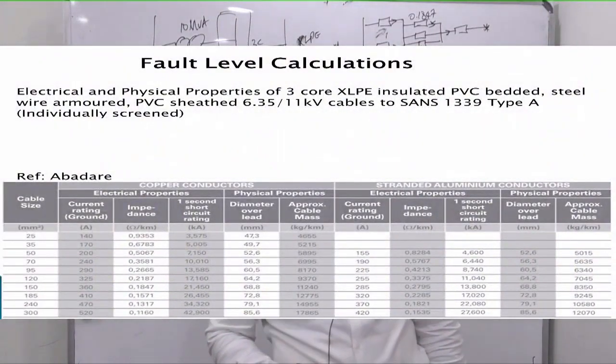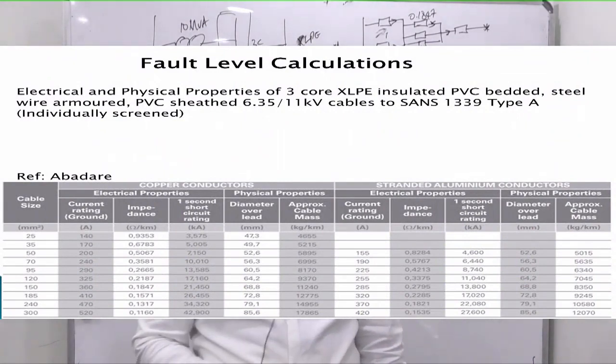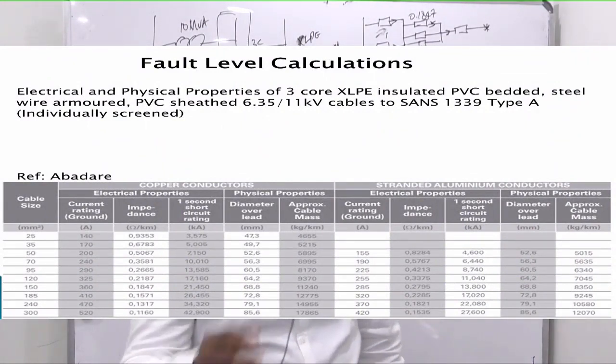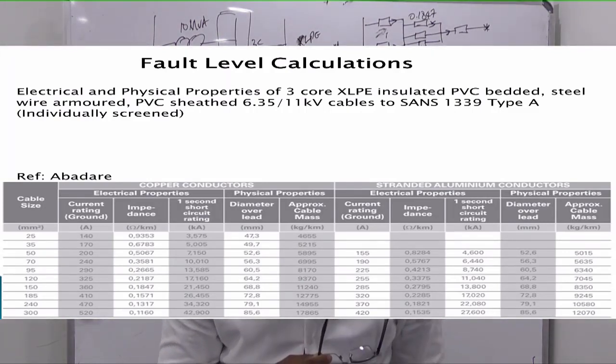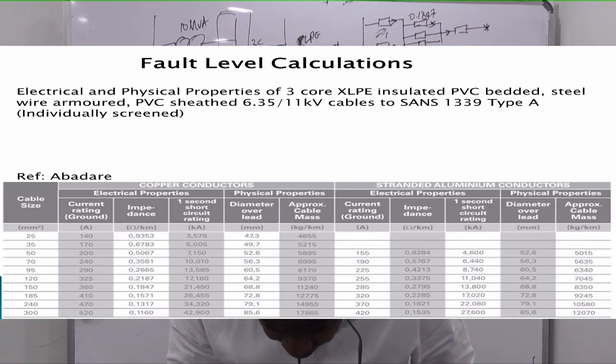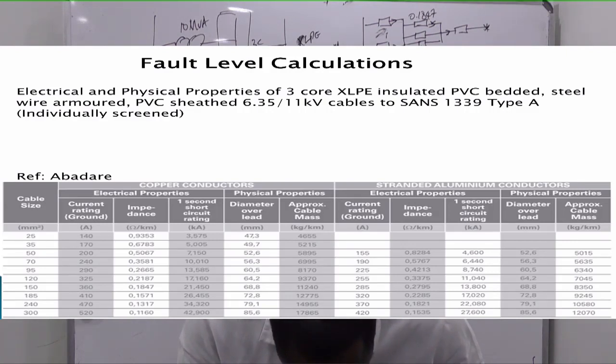Now you look for the short circuit rating of a 35 mils cable. If you go to the third to the last column, where you have 1 second short circuit rating, for 35 there's nothing there. The nearest is 4.6 for 50 mils.